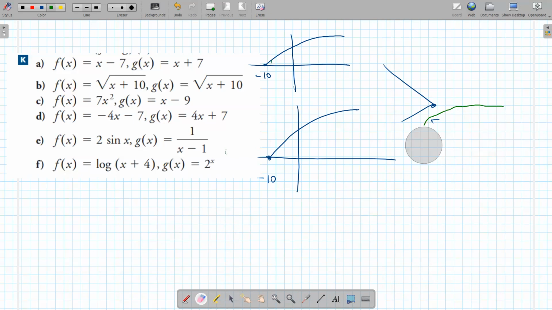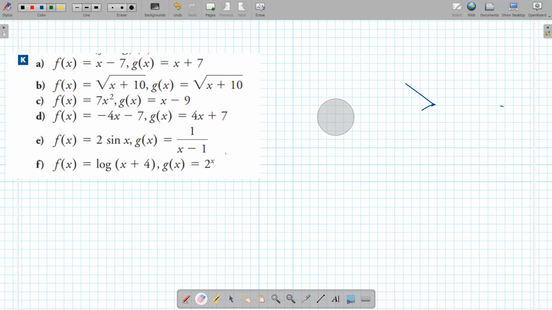C is easy. They're both polynomial functions. One of them is quadratic for C, one of them is linear. What's the combined domain for C? They're both polynomials. Well, it's going to be x is an element of the reals, because if you look at 7x squared, that's a quadratic.